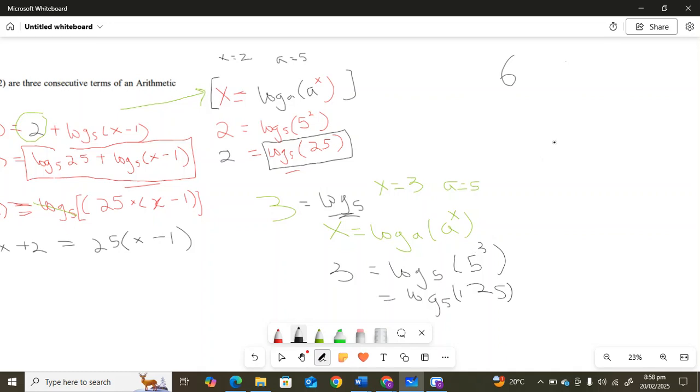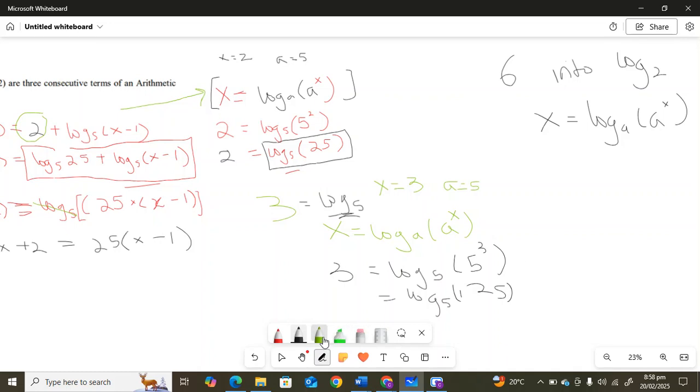Okay. 6, you want to put it in log base 2. I want to put it in this format here. So you bring the equation x equals log a to the power x.